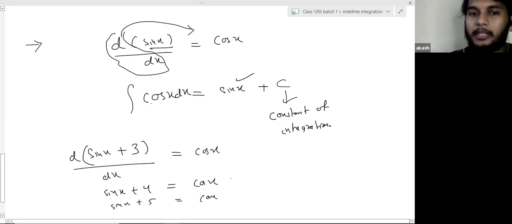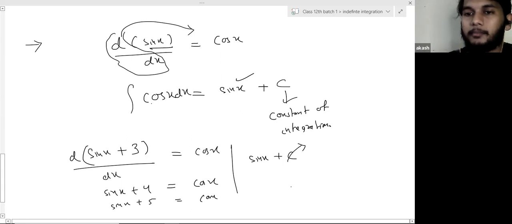So you get what I'm saying? If you add any constant to any function, sine x plus c, differentiation removes this constant, makes it 0. So we cannot tell which constant was there. So we add a constant here and leave it as it is, sine x plus c.